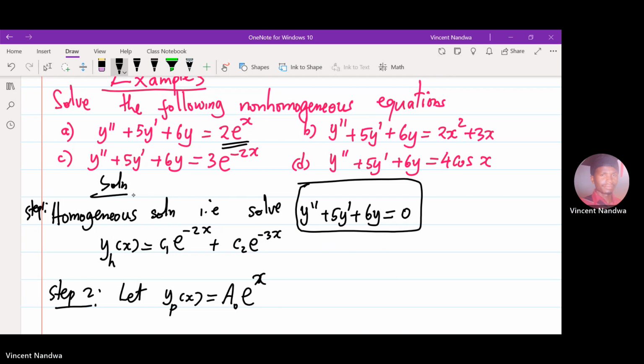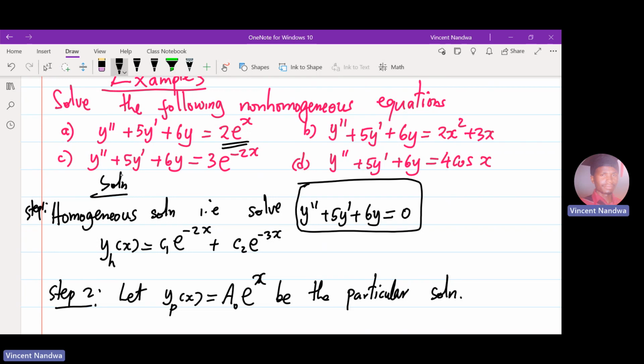So when we say let this one be the particular solution, if you remember from the beginning, a solution to a differential equation is a function that satisfies the given differential equation, which means that when we replace the function and its derivatives into the equation, the two sides will give us the same value. The left-hand side of the equation involves the second derivative and first derivative.